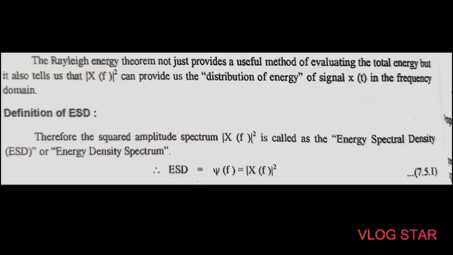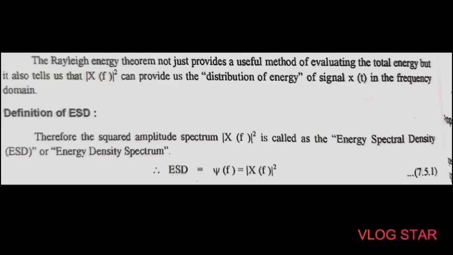So in order to do so let us get introduced to a new term which is called spectral density. Okay, so the spectral density of a signal is defined as the distribution of energy, or we can say power, per unit bandwidth as a function of frequency. Okay, so the spectral density of an energy signal is called energy spectral density, while that of a power signal is called power spectral density.